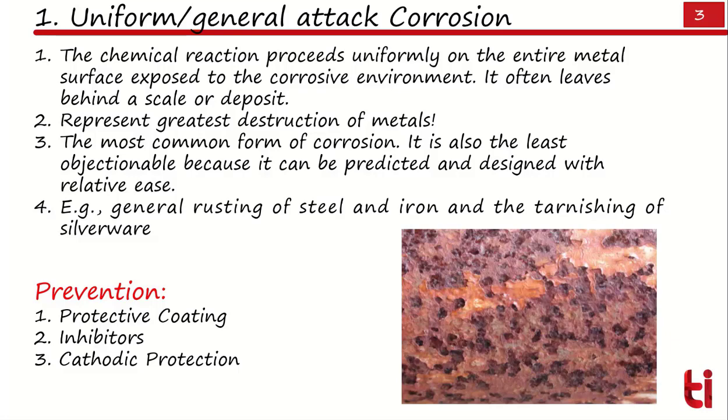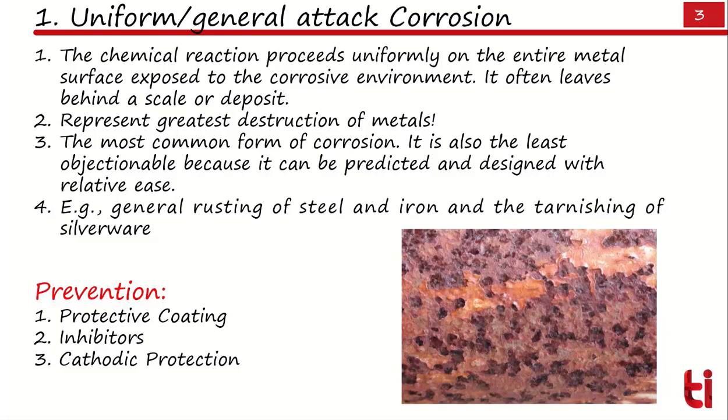The first one is making a protective coating on the surface of the metal. The most common way of creating a protective coating on the surface of the metal is simply painting the metal. Likewise, you can create a protective layer on the surface of the metal.